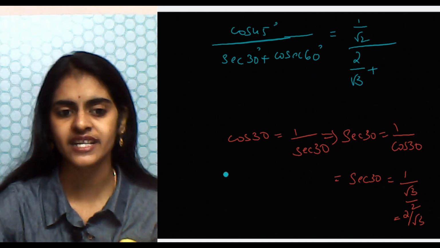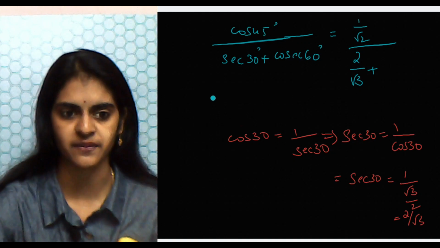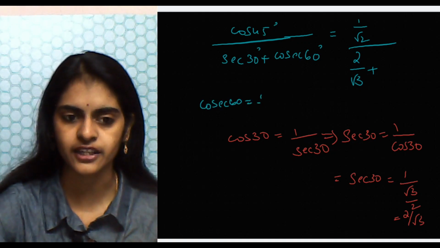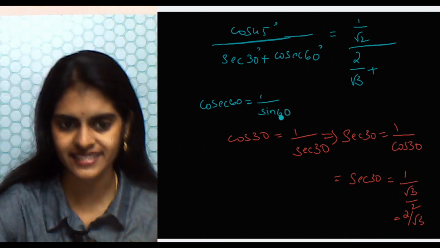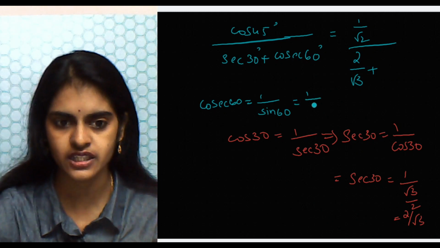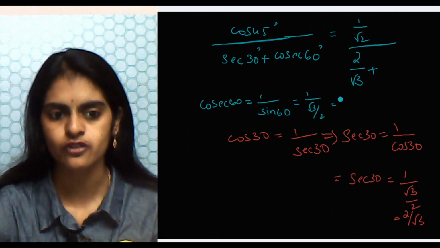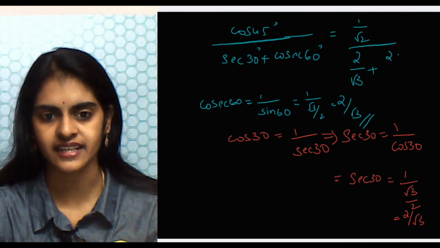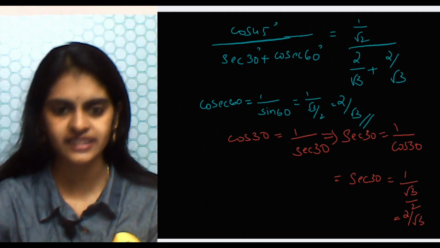The same logic, cosecant is nothing but the reverse of sine. If you know sine 60, then you can write cosecant 60. Sine 60 is root 3 by 2, so this is 1 upon root 3 by 2. So cosecant 60 is also equal to 2 by root 3. Let us write it here: it is 2 by root 3.